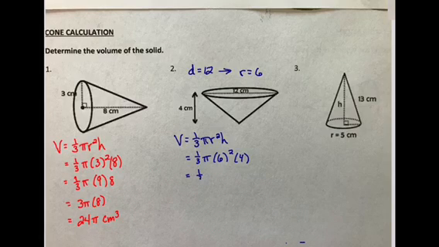Then I square the 6 to get 36. And then 1/3 times 36 is 12 pi. And I have to take that times 4. So I get 48 pi, and my label would be centimeters cubed.